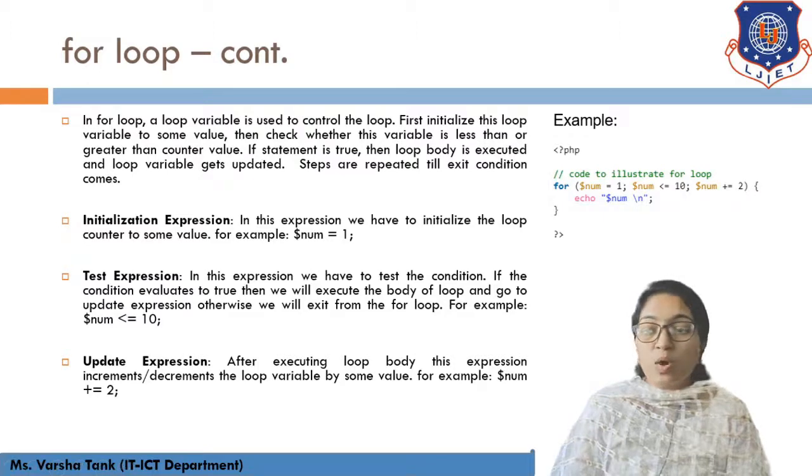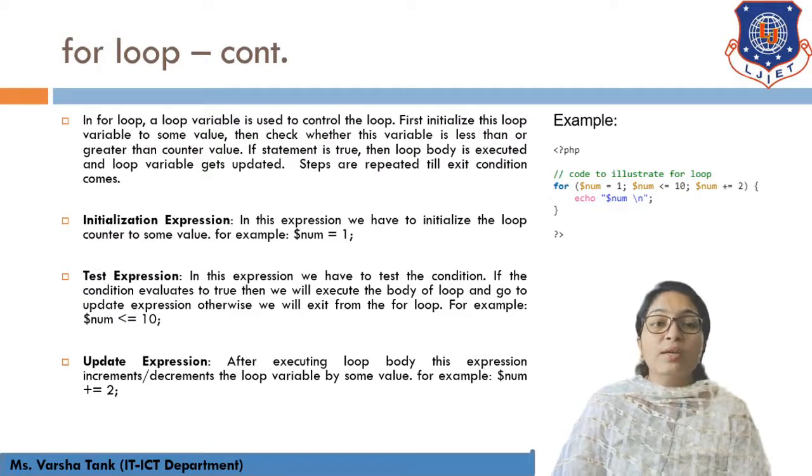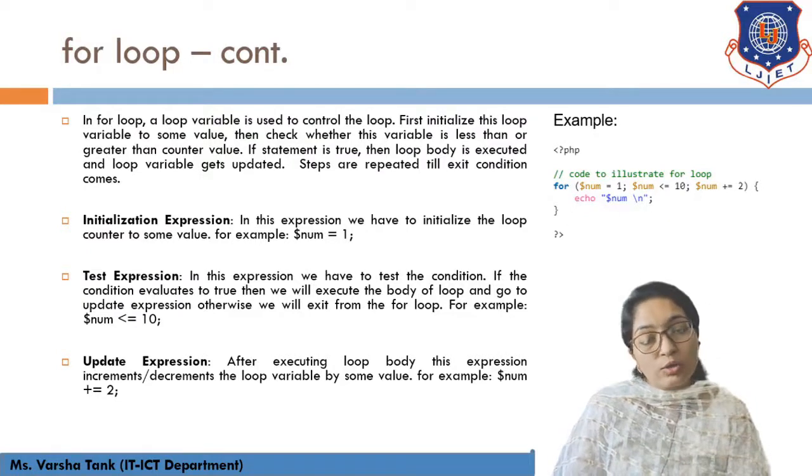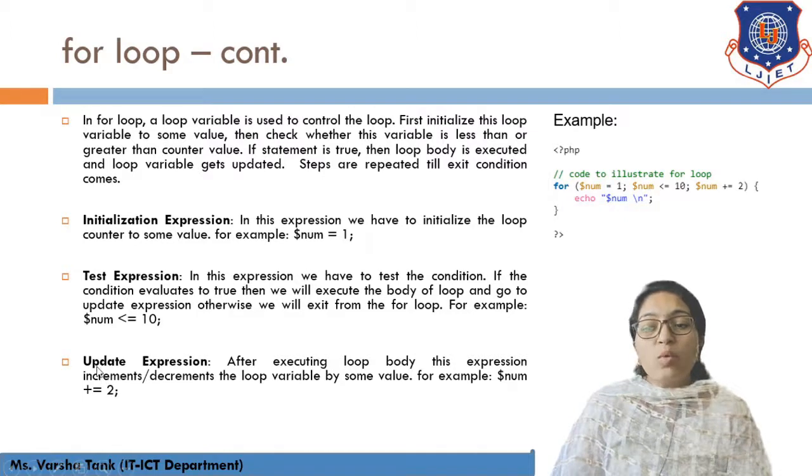That is the test expression. Every time your loop is going to be executed, it will check whether $number is less than or equal to 10 or not. If it is, the condition is true and the loop is going to be executed. If it is not, the loop will be terminated at that point. Now next is the update expression or jump statement.